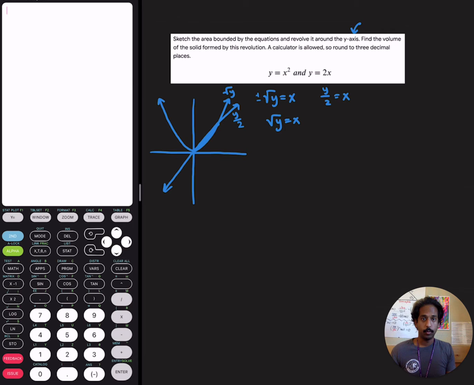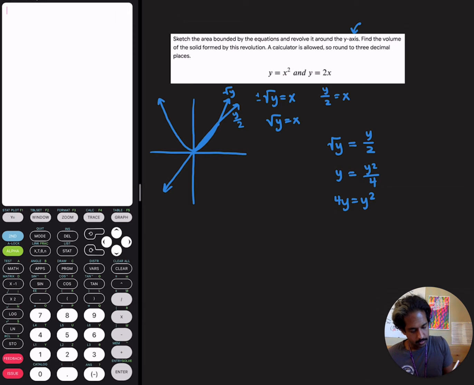All right, and when are those equal to each other? Well, let's set them equal to each other. The square root of y equals y over 2. I'm going to square both sides. So we'll get y equals y squared over 4. I'll multiply 4 on both sides. 4y equals y squared. y squared minus 4y equals 0, and we can factor this.